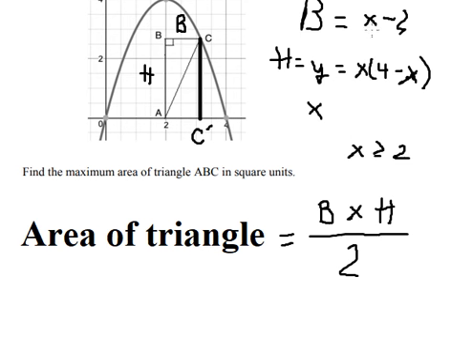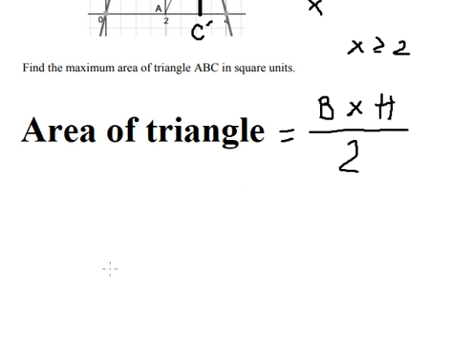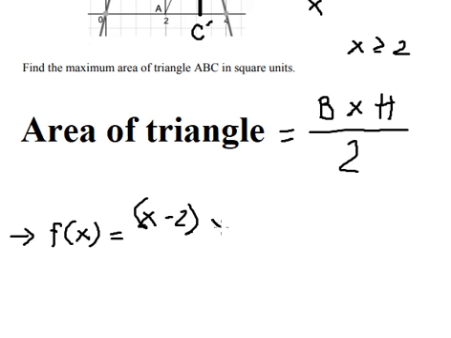Now we put x minus 2, and x and 4 minus x into this formula. And now we put the function f of x equals (x minus 2) multiplied by x times (4 minus x), over 2.